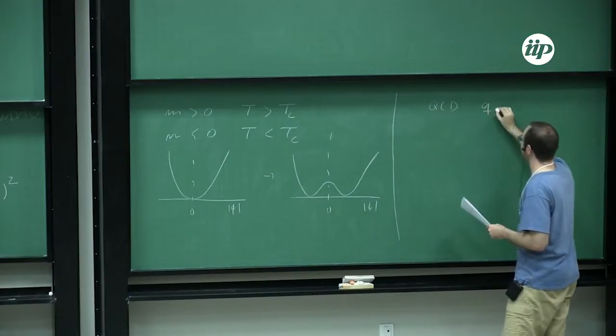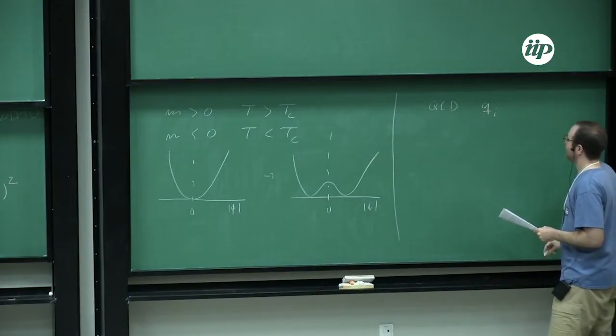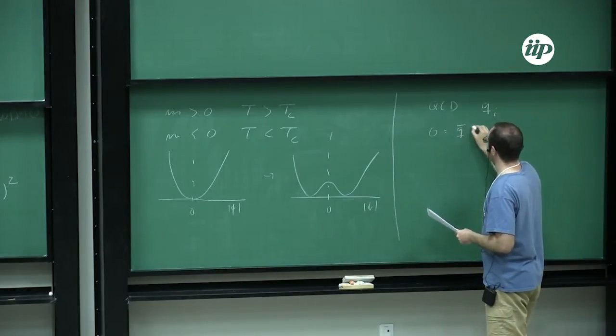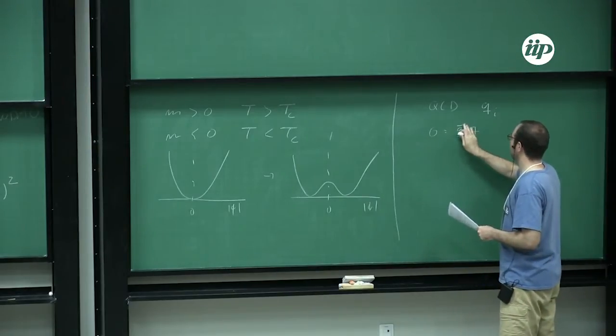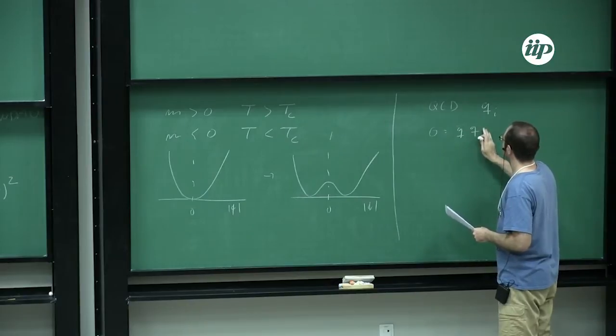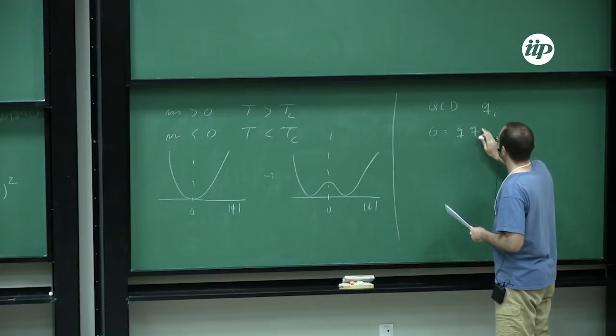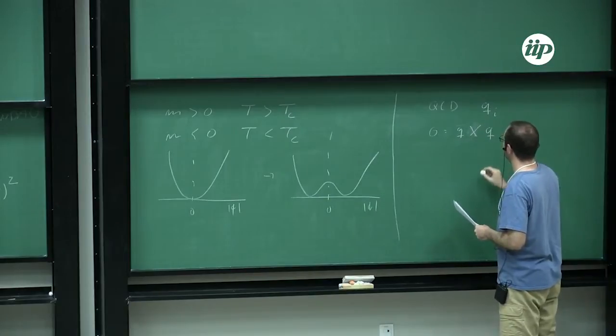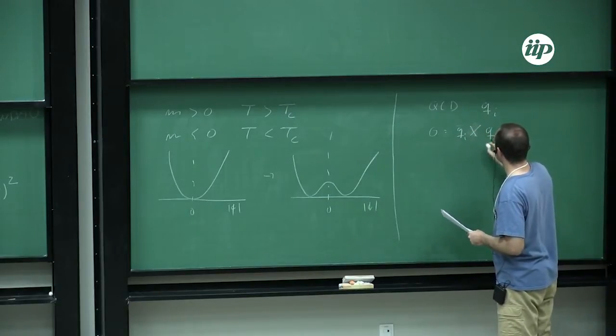You will have your quarks, and then you will look at an operator of the form that can compensate the indices.